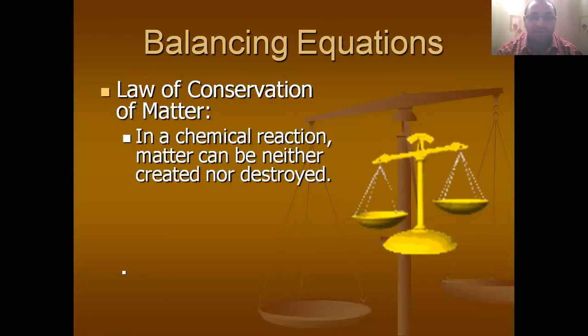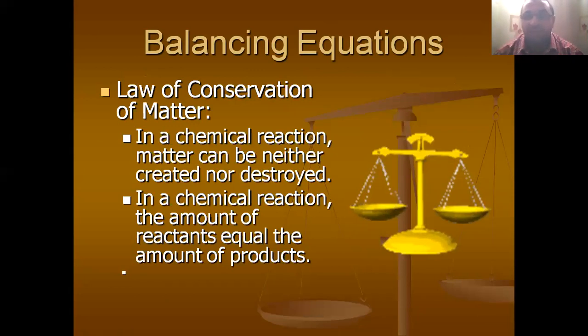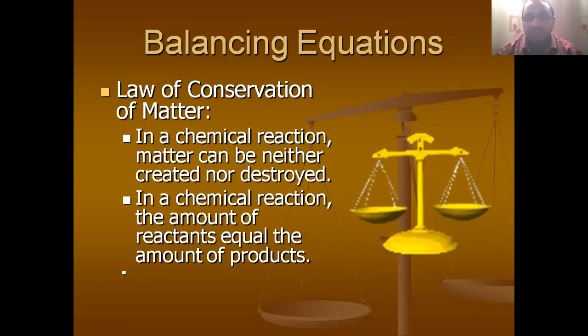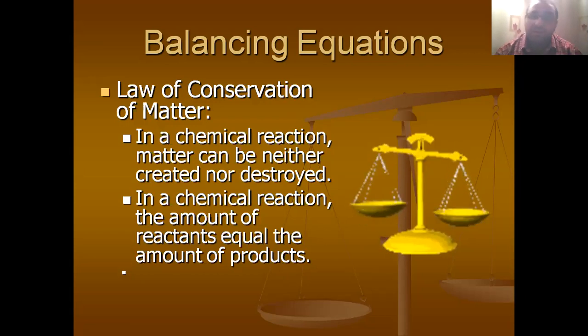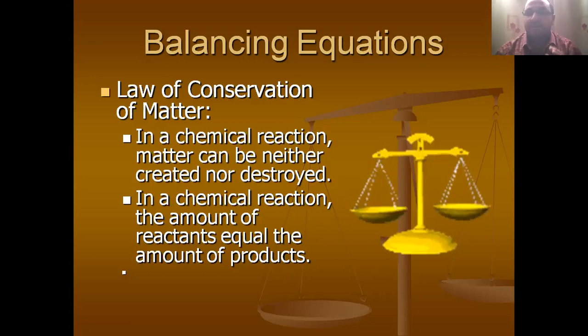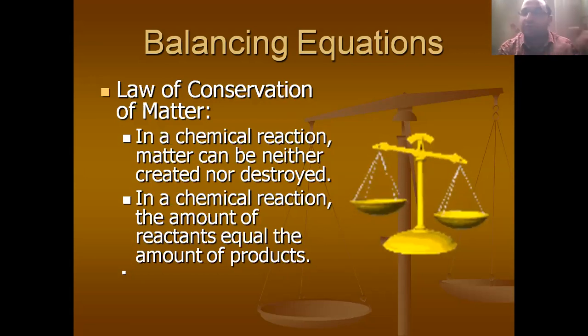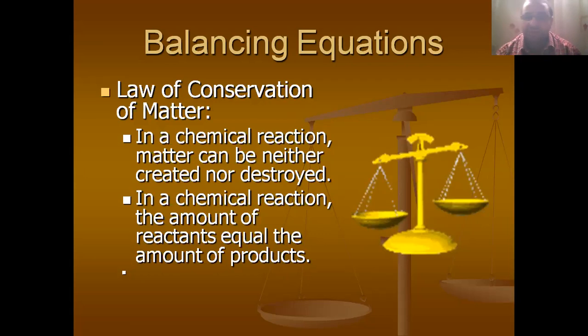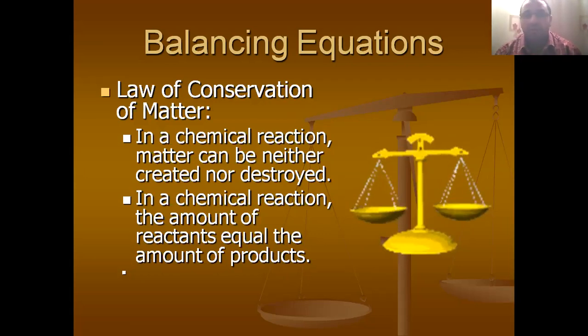The law which says that mass of matter is conserved. Mass of matter remains constant. It doesn't change. The mass that entered a reaction is the same mass as produced from the reaction. The total mass of reactants must be equal to the total mass of products. This is what we are going to apply when we are balancing a chemical equation.